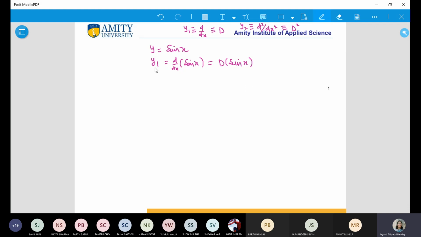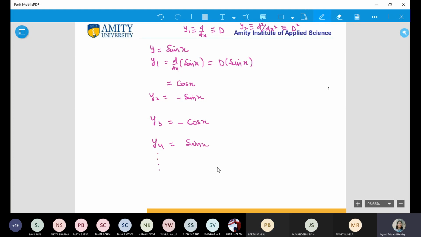All right. So if you are finding y1, what will you get? This is cos x. If I have to find y2, minus sin x. If I have to find y3, again minus cos x. y4, sin x, and so on.